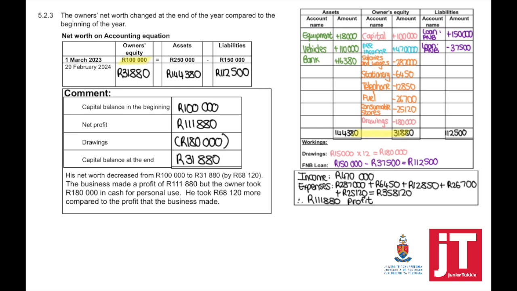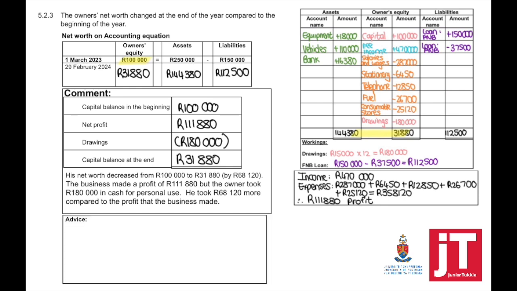But the owner took 180,000 in cash for personal use. That's why you would find that our capital balance in the beginning was much higher than our capital balance at the end. So this illustrates, yes, the business made a profit, but the more the owner takes from the business, that will decrease the owner's equity. It will decrease the capital balance which he has in the business.